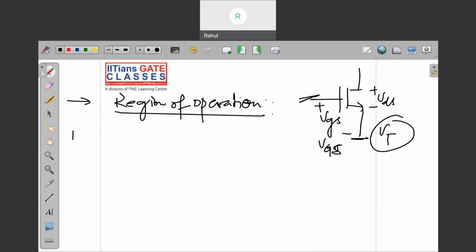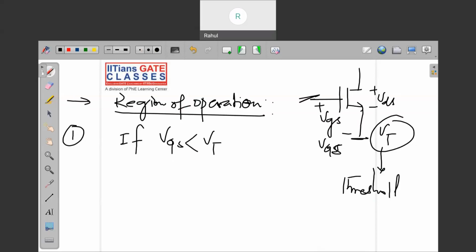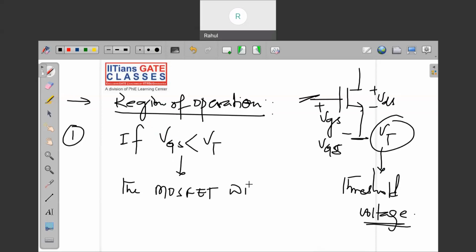Number one: if your gate voltage VGS is not greater than VT, the threshold voltage, then the MOSFET will be in cutoff mode.